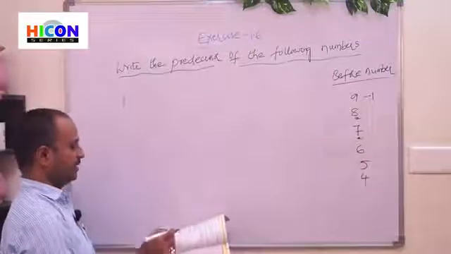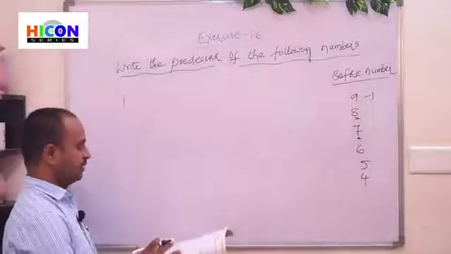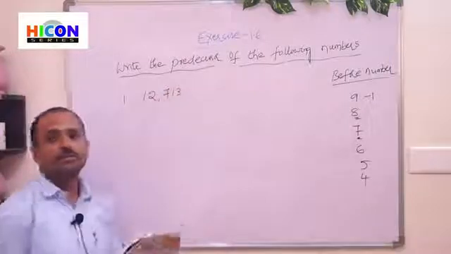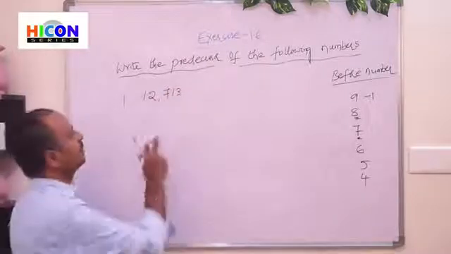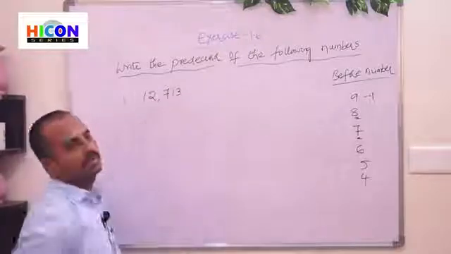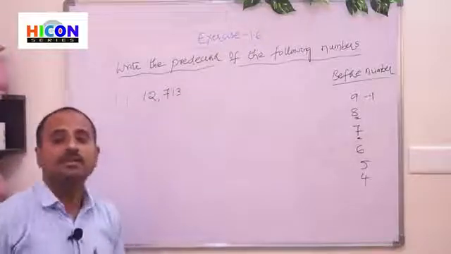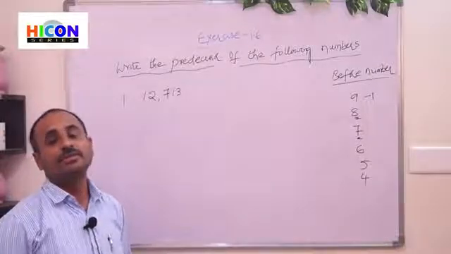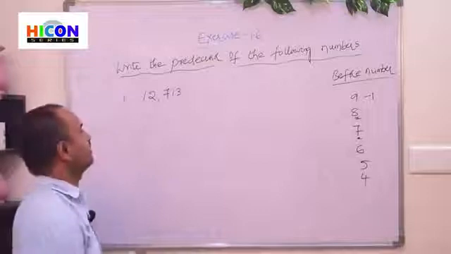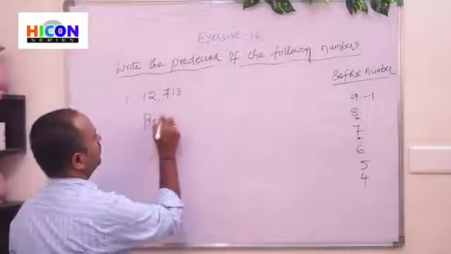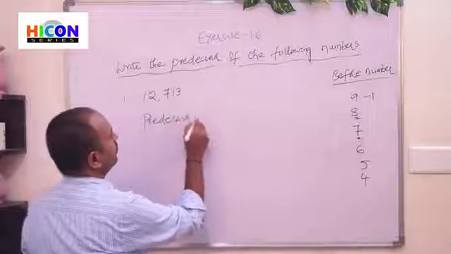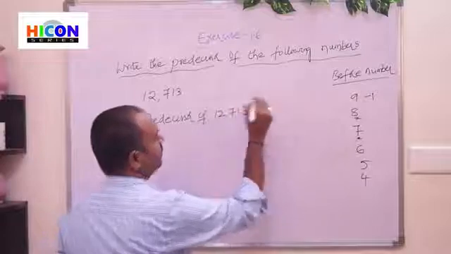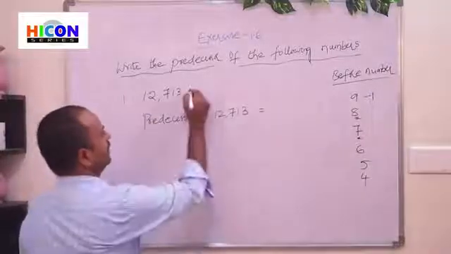So take one problem. In exercise 1.6, the problem is 12,713. What is the predecessor of this number? Predecessor means the number which comes just before the given number. The predecessor can be obtained by subtracting 1 from the given number. So predecessor of 12,713 is equal to, subtract 1 from the given number.